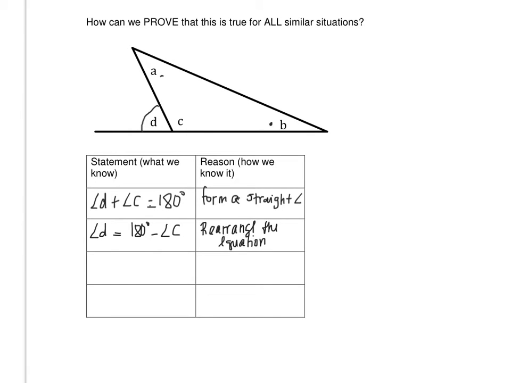So we also know that angle A plus angle B plus angle C is equal to 180 because of the sum of the angles of a triangle.